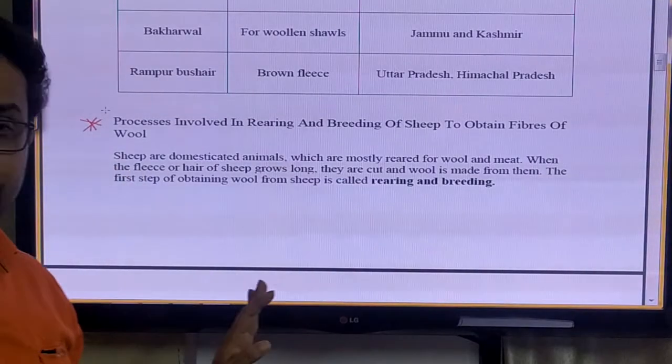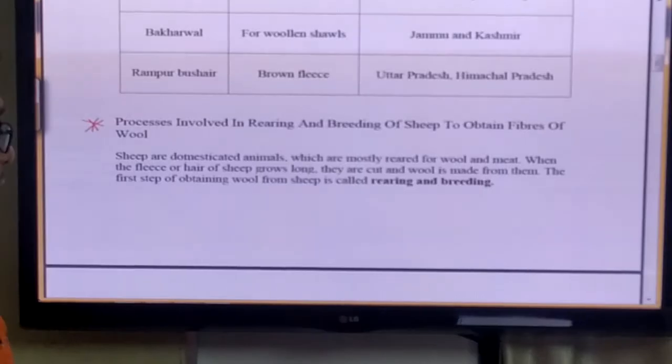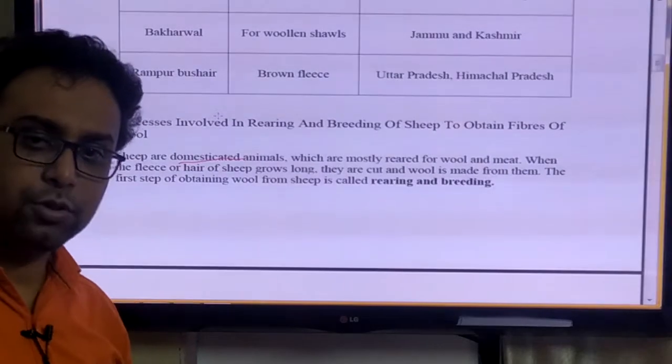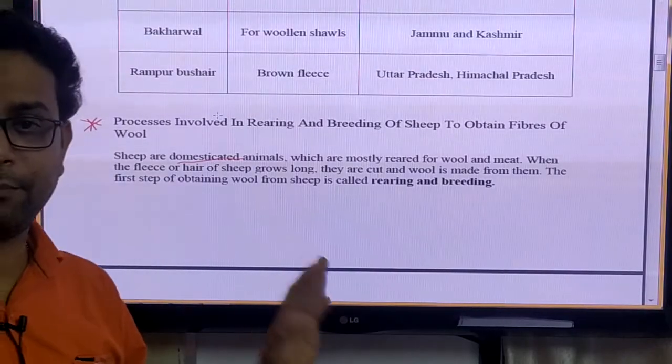At first we try to understand that sheep are domesticated animals. They are present in our domestic area, and they are mostly reared for two purposes: wool and meat.